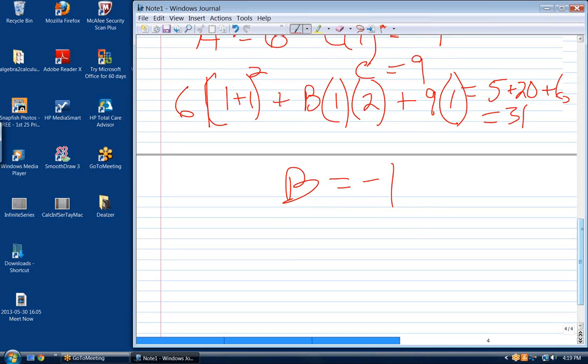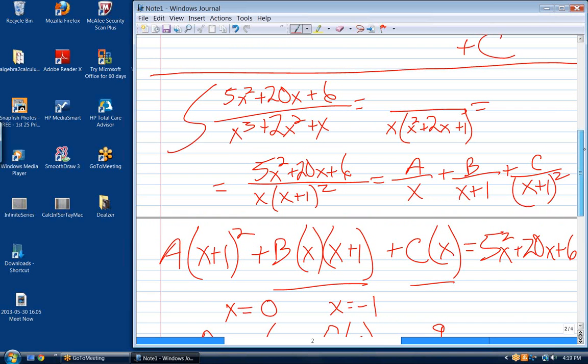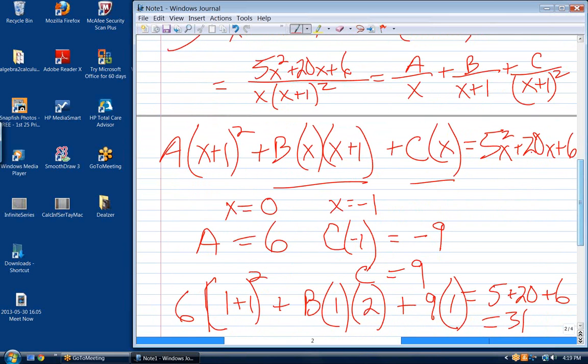Okay, so that's easy enough to do. In other words, that's not a complicated situation. The only thing tricky about this is knowing that you need a term for the 1 over x plus 1 and you need a term for the 1 over x plus 1 squared.